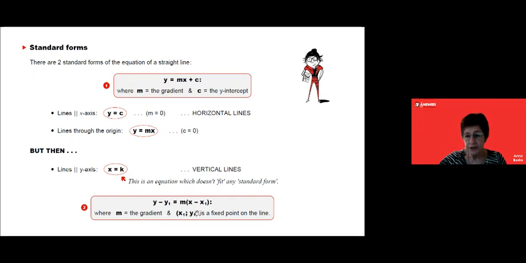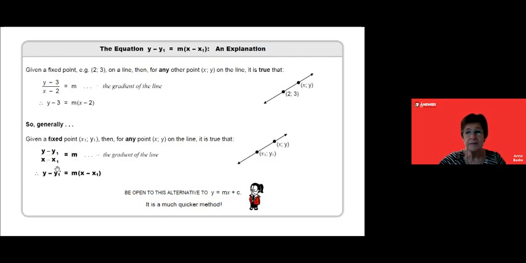There is a bit of an aversion to this, and for that reason I've put in a slide which hopefully will make it more comfortable and will tie in with the conversation that we've just had, and that is that the gradient of a line is the difference in the y over the difference in the x. So y minus 3 over x minus 2 equals m, and a simple multiplication by the denominator gives us that.